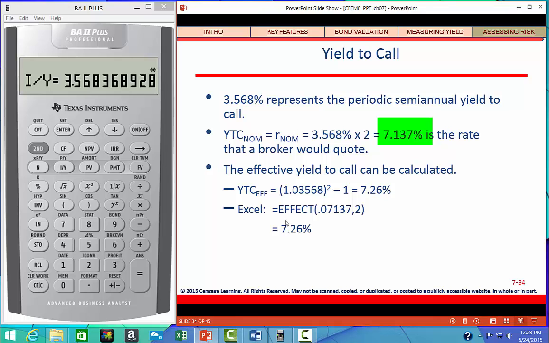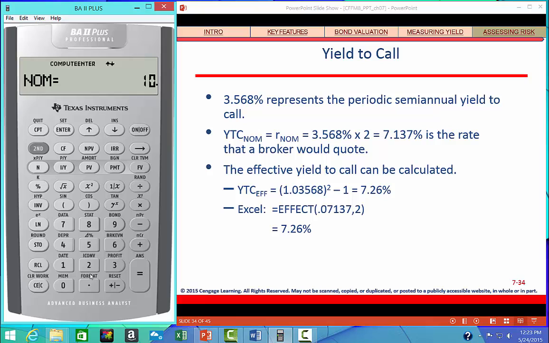And if you wanted, since this is a nominal rate, and all of the bond rates that we end up calculating are nominal, if it's annual, you don't have a problem. But if it's semi-annual or quarterly, if you wanted to know the effective yield to call or the effective annual rate, you would have to go through your calculator, the second interest rate conversion, and I would put in the 7.137 as the nominal rate, since that's what I calculated.